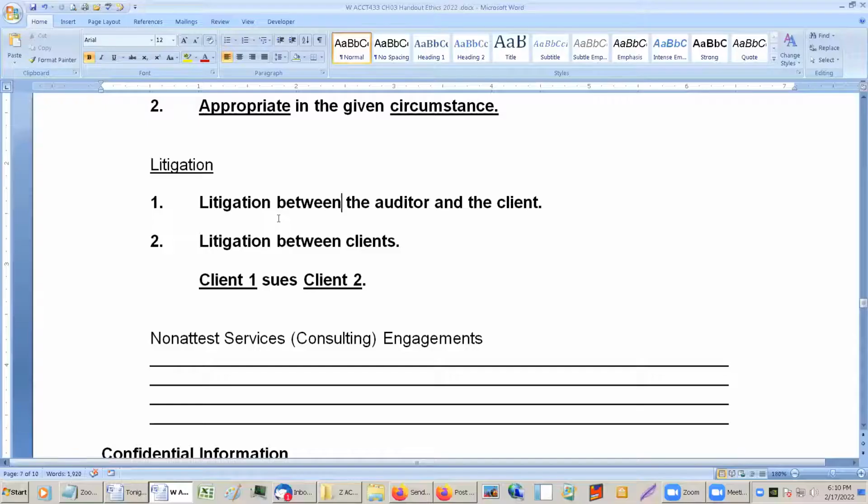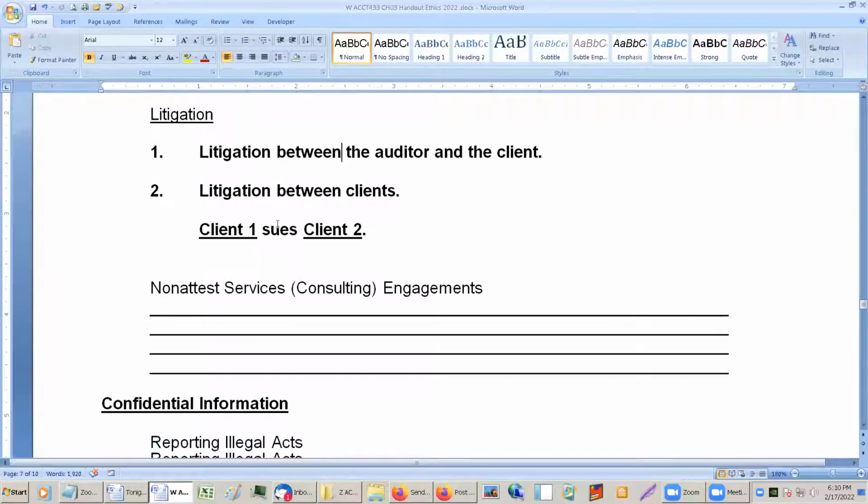You may decide that you're not independent and that you will have to give up one of the clients. But the one that's obvious is if the auditors are suing the client or the client is suing the auditors, well, then it's kind of surprising that you're still working as their auditor.